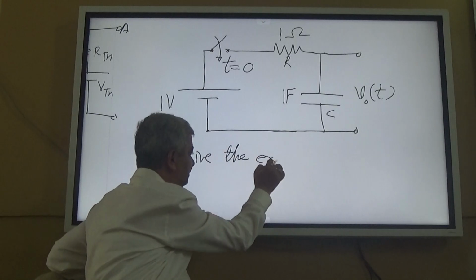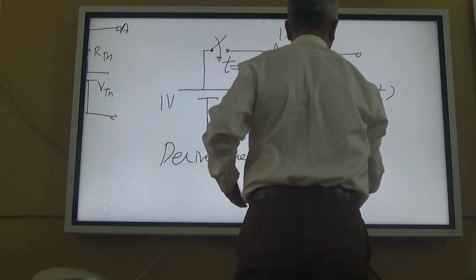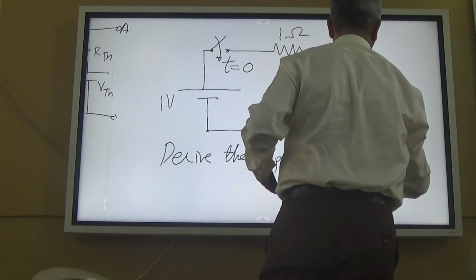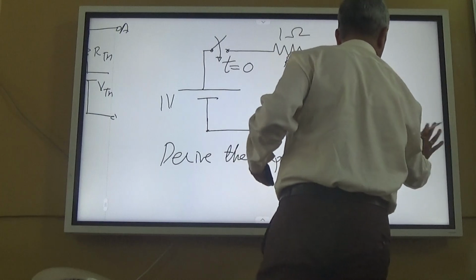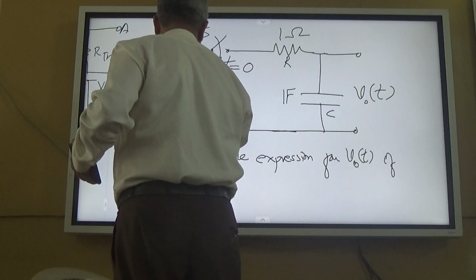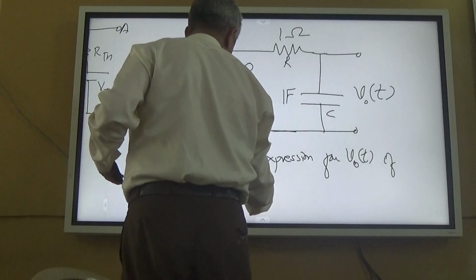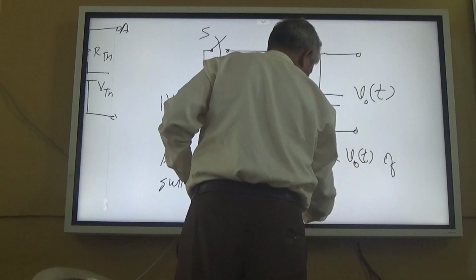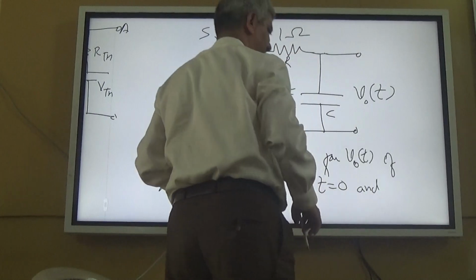Derive the expression for VOT if switch, this is called switch S, switch S is closed at t equal to 0 and what?